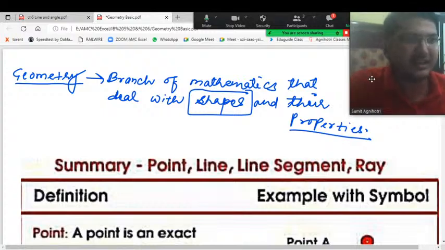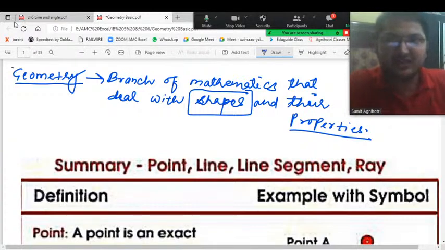Under two-dimensional figures, we will include triangle, circle, quadrilaterals. Under three-dimensional figures, we will include cone, cylinder, sphere, prism, pyramid. All these shapes and their related properties are studied under this branch of mathematics, and that is known as geometry.